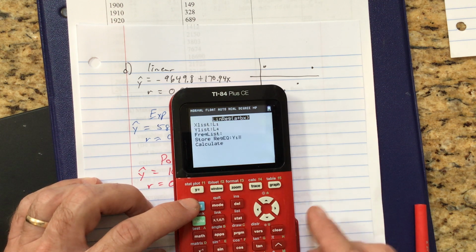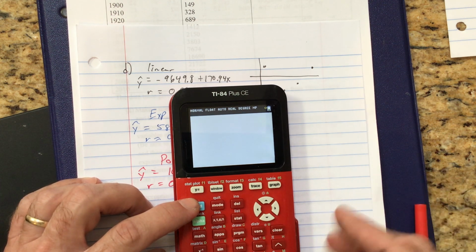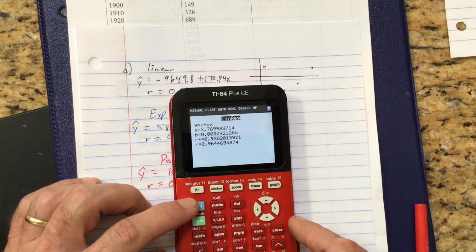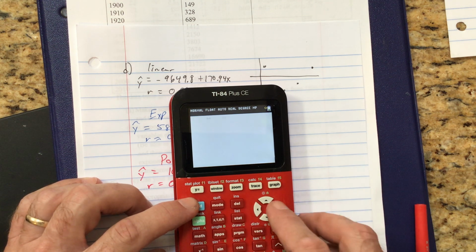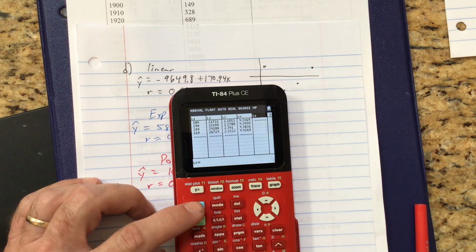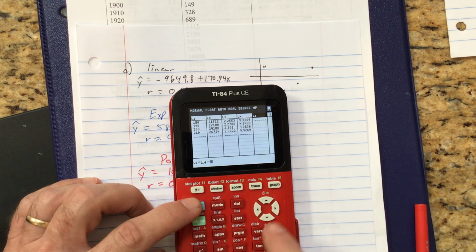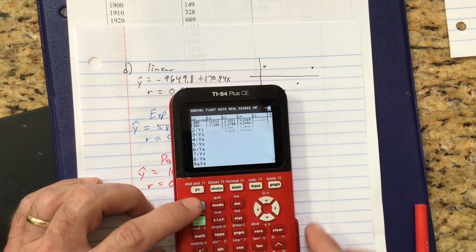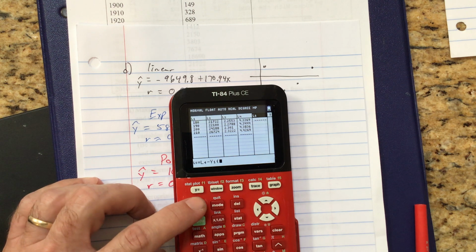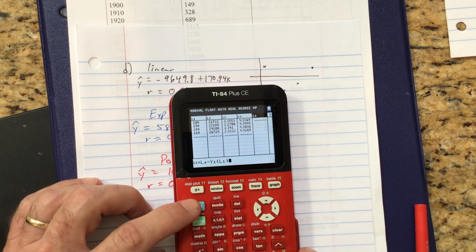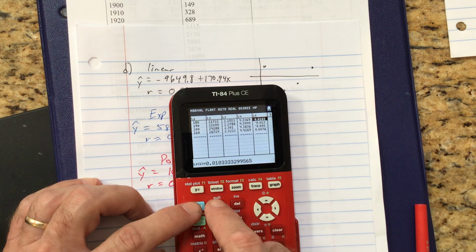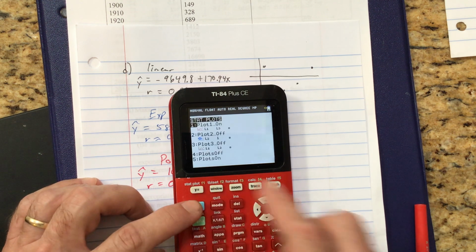I'll just overwrite the first one again. Just keep using that slot. Okay, that's the right correlation, so I'm good. And residuals. Observed log of y minus predicted. And list 1, list 5.